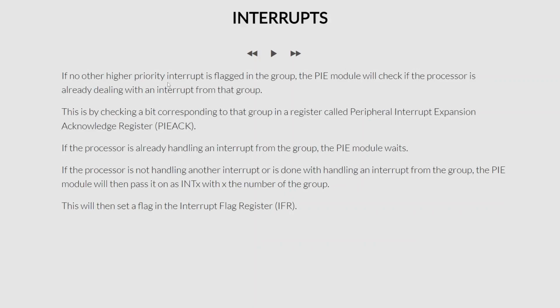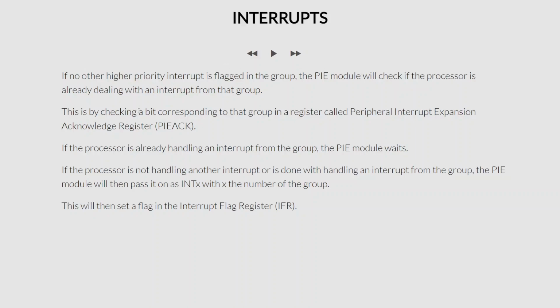Now, if no other high priority interrupt is flagged in that group, then the next thing that the PIE module will do is check if the processor is already dealing with an interrupt from that group, right? Why? Because there can be only one interrupt from a group at a time. If the processor is already dealing with an interrupt from the group, then it will not pass on the interrupt.